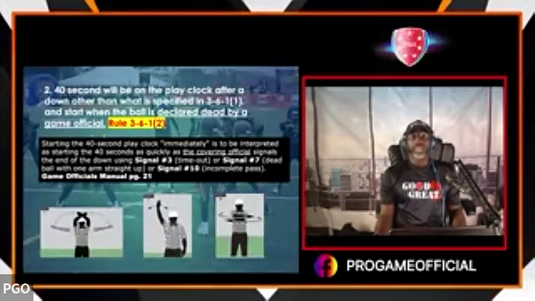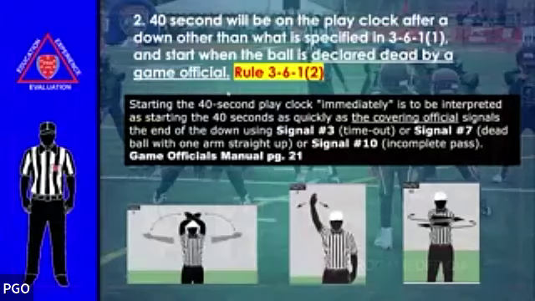Okay. So right here, this is out of the mechanics manual, out of the rule book. So the 40-second play clock starts. And if you look at the part in black, the cover official will give three signals. Signal 3, which is stop clock. Signal 7, which is dead ball, or signal 10, which is incomplete pass. So as soon as the play is over, we should give one of these signals every play, especially the wing official.